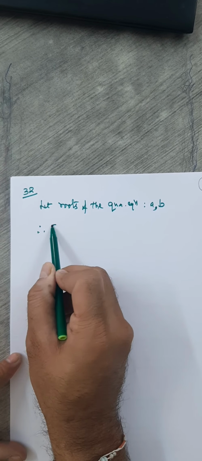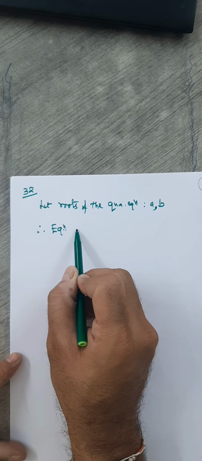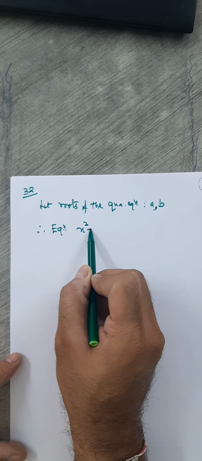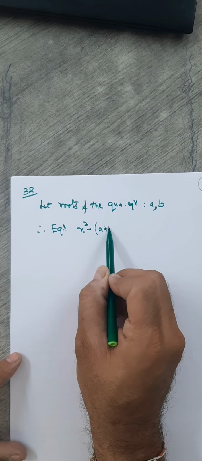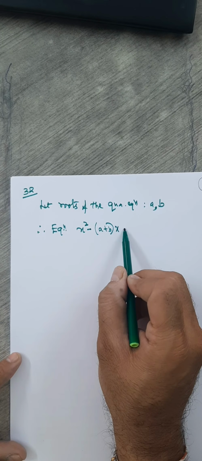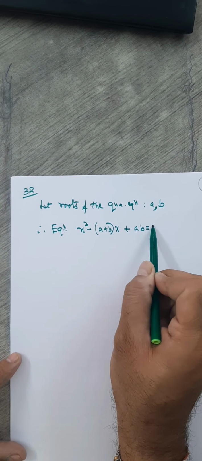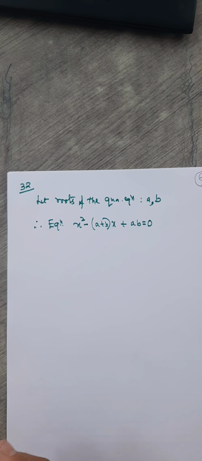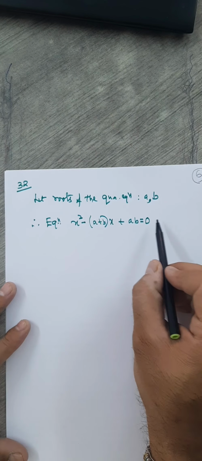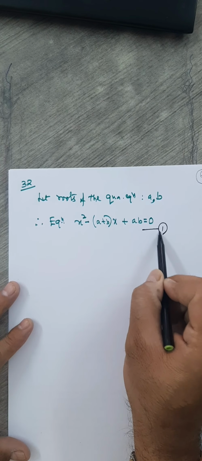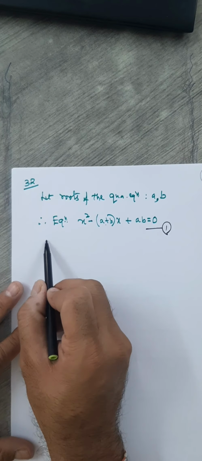And therefore the equation will be this. You know what the quadratic equation will be? X squared minus sum of the roots into x plus the product of the roots. We know this from 10th standard. We want this equation, so you need A plus B and A into B.